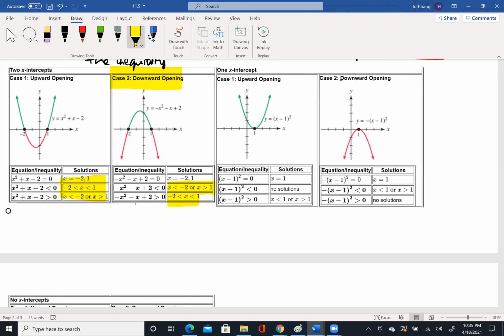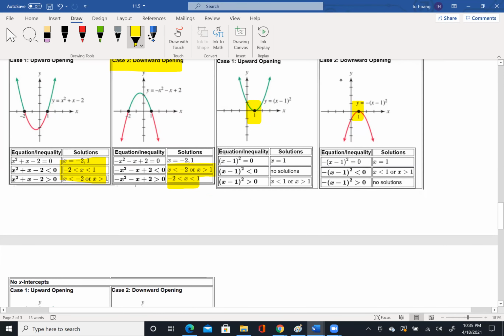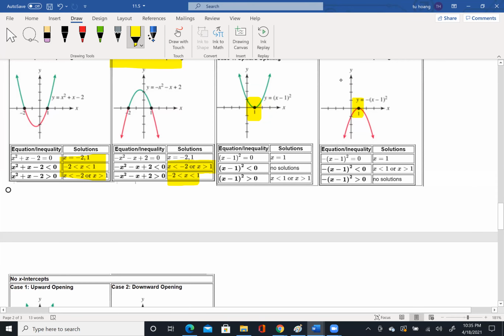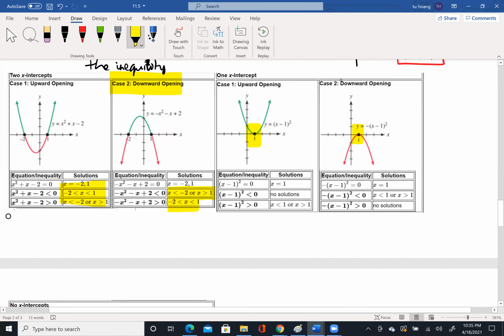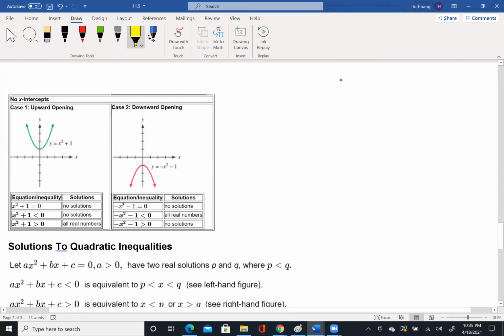So similarly, you can see for the next two cases, you will have one solution or one x-intercept, right? And there is no solution if you look for less than 0 in case 1 here, and greater than 0 in case number 2 here. And for a graph with no intercept, you will have no solution when you look for the x-intercept.